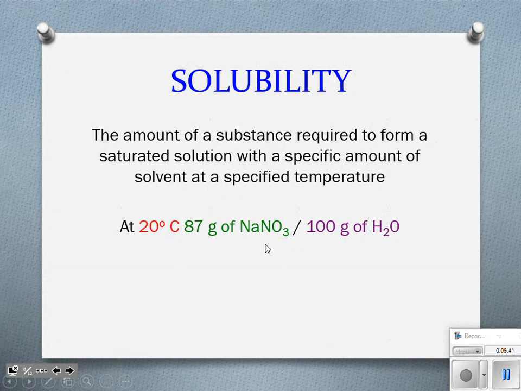We need to have how many grams of the solute? 87 grams of sodium nitrate. And we need to know how much of the solvent we have. 100 grams of water. So we need those 3 things. So this is telling me at 20 degrees Celsius, I can dissolve 87 grams of sodium nitrate in 100 grams of water. So those three things are necessary for my solubility.